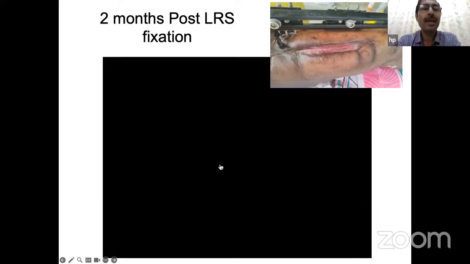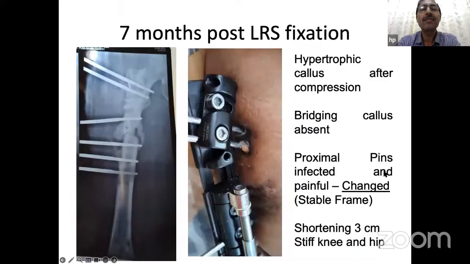2 months post LRS, the wound healed better and the patient started walking. In the video, we can see that the patient is... the video is not running. No problem. The patient has started walking on a walker, and 7 months post LRS fixation, we can see that hypertrophic callus was there, but there was no bridging callus.